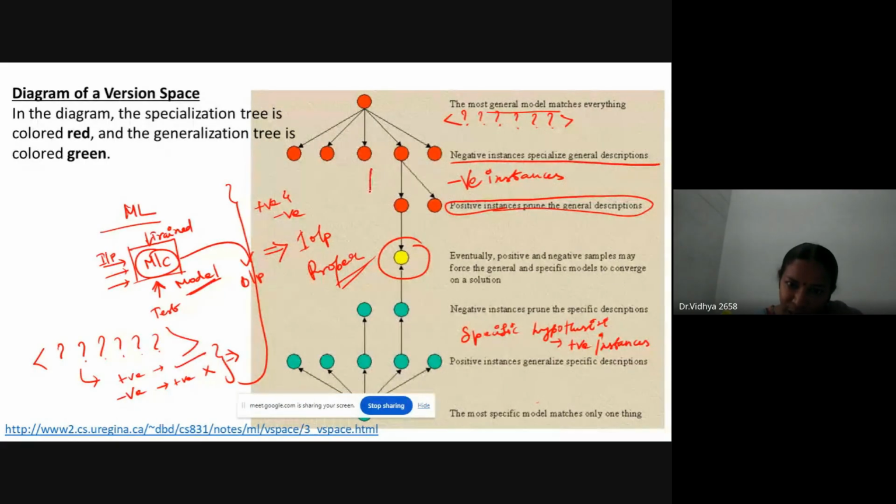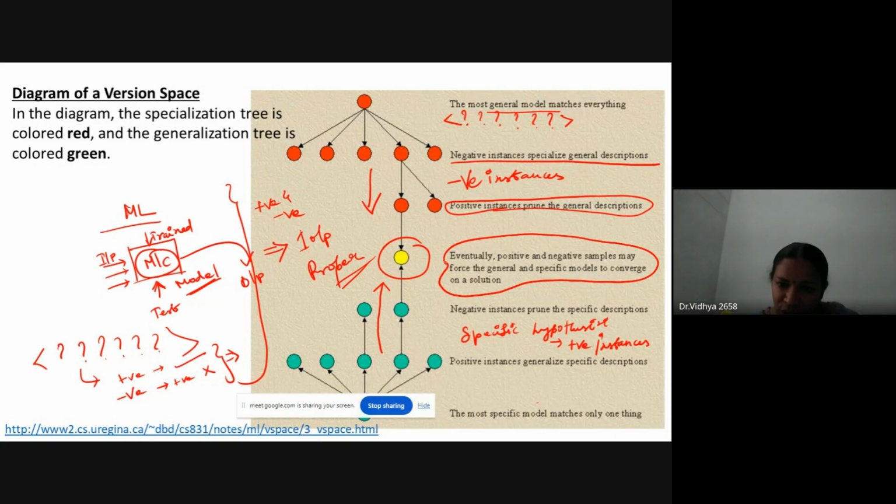The negative instances come from top to bottom with the general hypothesis, and the positive instances come from bottom to top in the form of the specific hypothesis. Finally we get only one solution, where eventually the positive and negative samples force the general and specific models to converge on a solution.